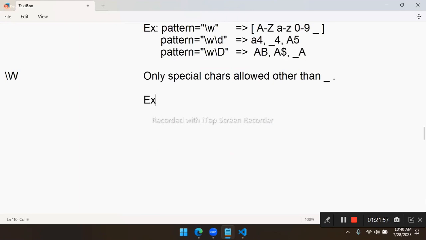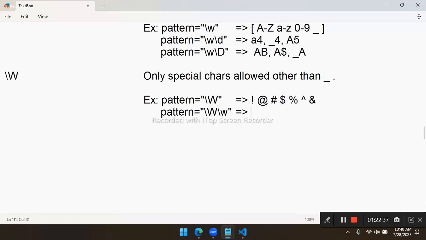We have a pattern equal to \W. \W means it allows all special characters, like this. You can add special characters. All the special characters are allowed, but underscore is not allowed. Other than underscore, all are allowed. So now you configure here pattern equal to \W and \w.